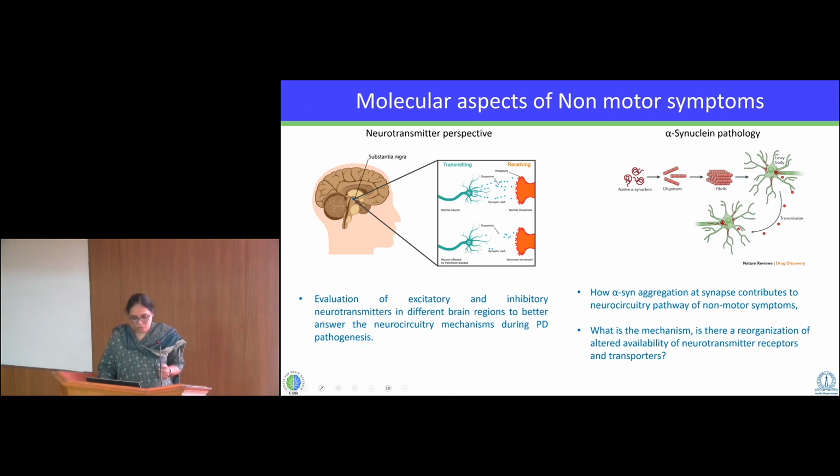And we also want to look at how alpha-synuclein aggregation at the synapse, basically, alpha-synuclein is a presynaptic protein, so we want to see how it contributes to such neurocircuitry pathways, especially in case of non-motor symptoms, and what are the mechanisms, and what is the reorganization which alters the availability of neurotransmitters and the transporters. And this is the focus of the lab.